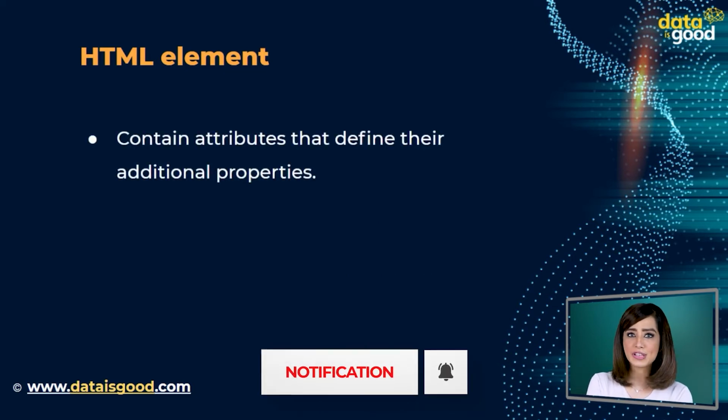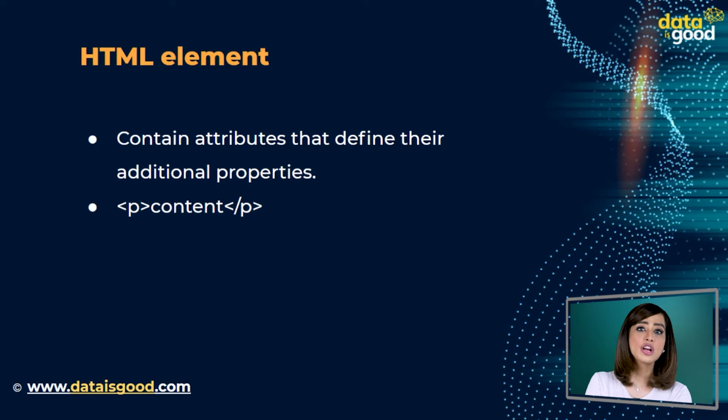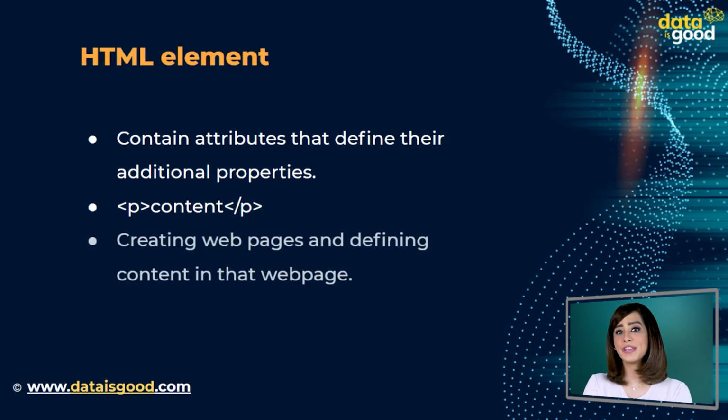Elements can also contain attributes that define their additional properties. For example, a paragraph, which is represented by the P element, would be written as opening P tag, content, and then closing P tag. These HTML elements are responsible for creating web pages and defining content in that web page.